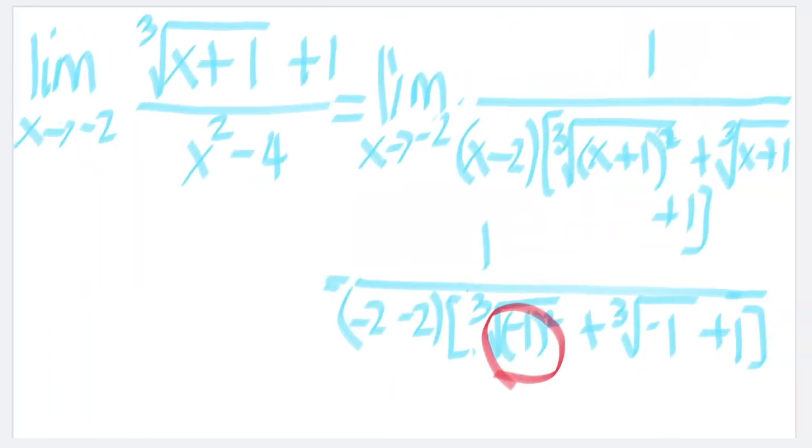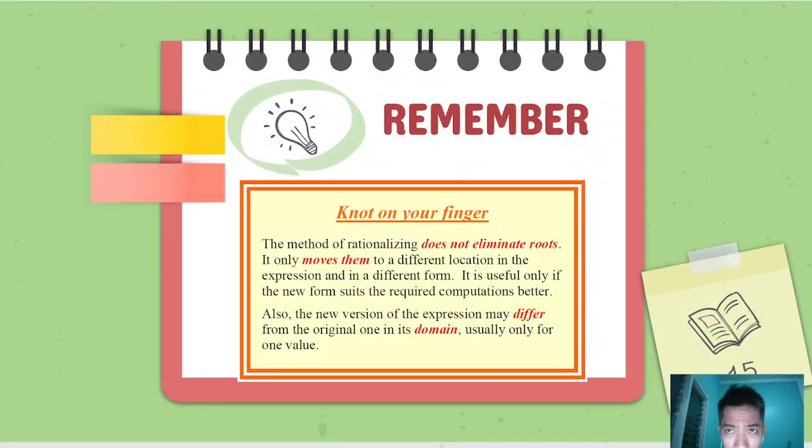Okay, there are other examples that will change our perspective, our understanding on method of rationalizing, especially during senior high school days.